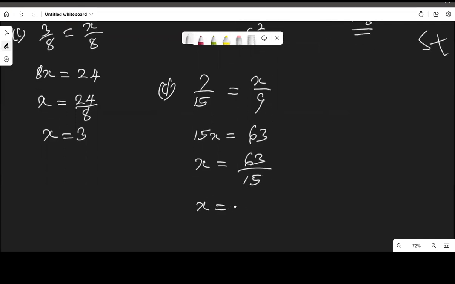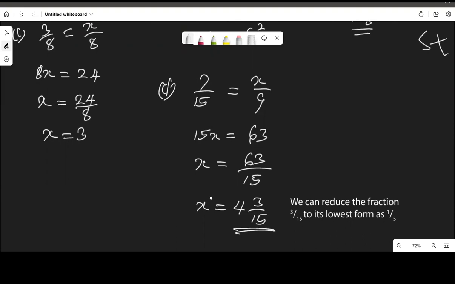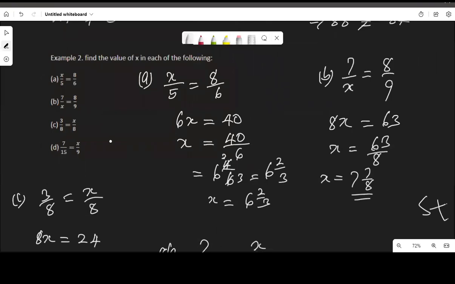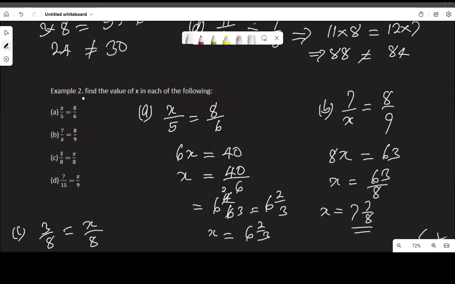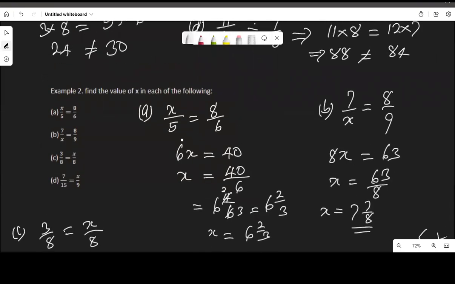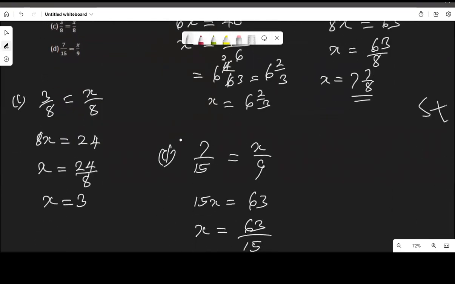So x is equal to 4 whole number 3 over 15. And so that is how to use proportion to find the value of an unknown variable in questions like this. This brings us to the end of this class on proportion.